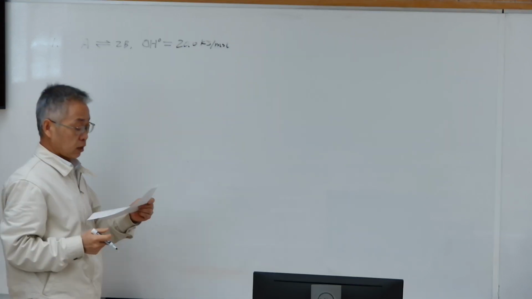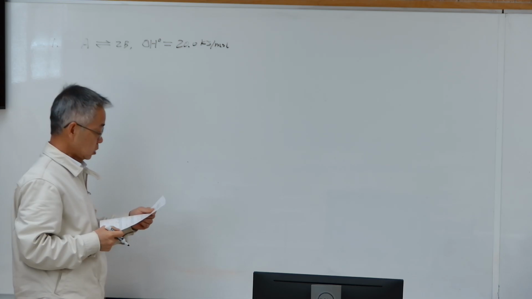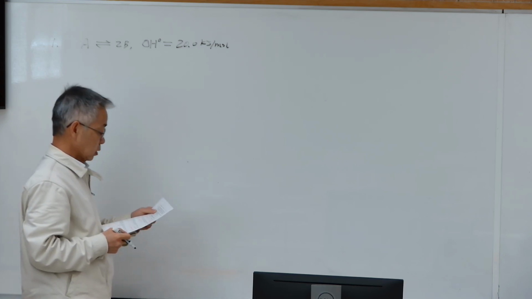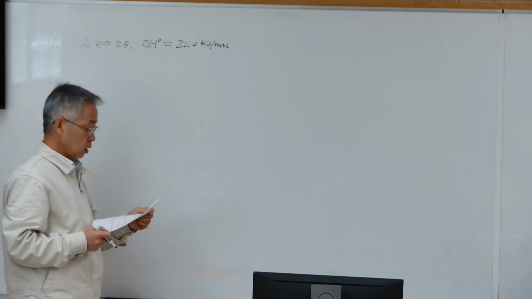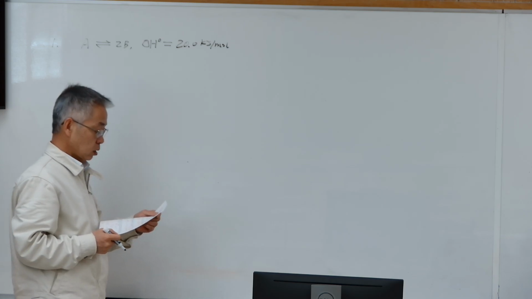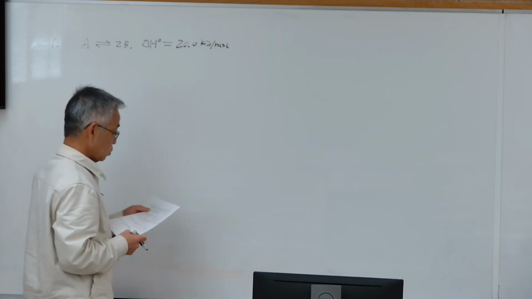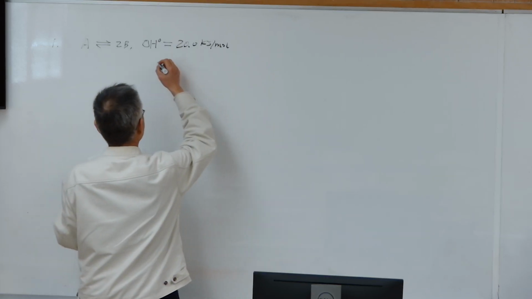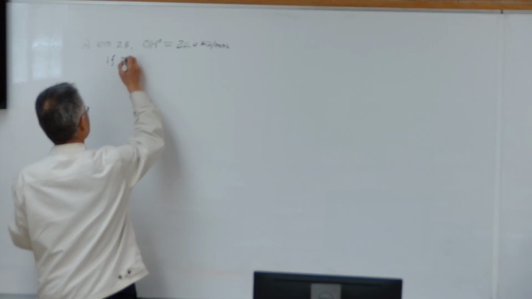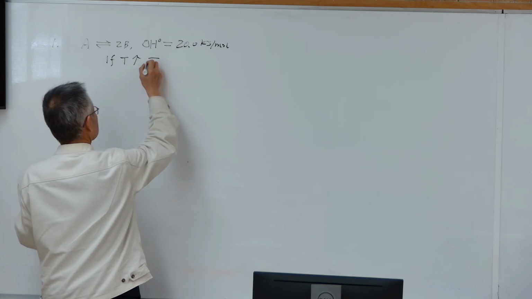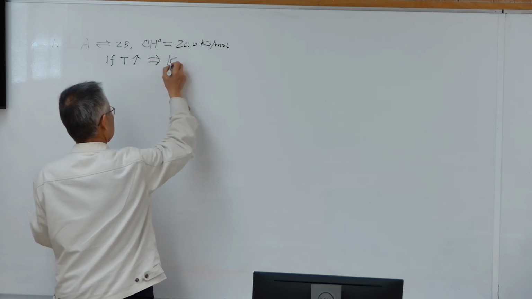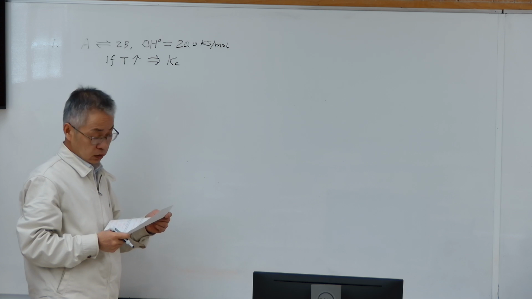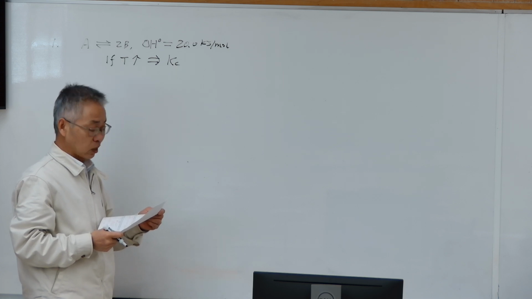Predict the change in equilibrium constant Kc that would occur if the temperature of the reaction system was raised. If temperature is raised, this will cause Kc to increase, becoming larger, or decrease, becoming smaller.